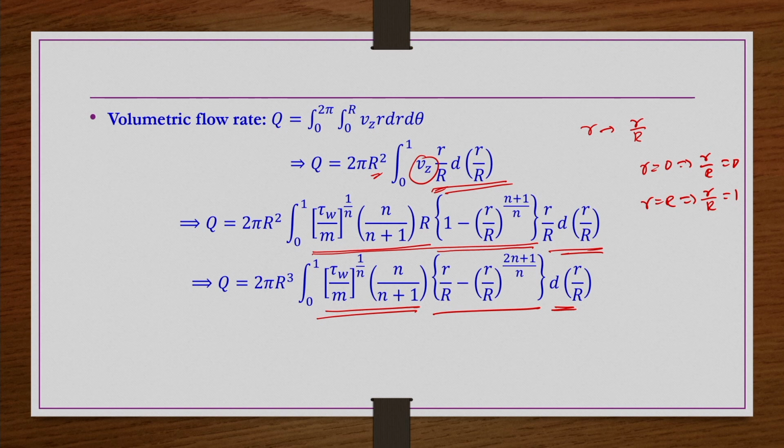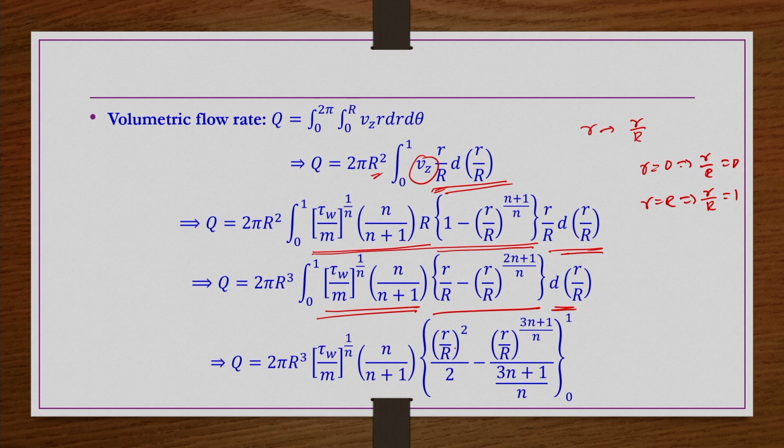So, we have the integration of r by R whole square divided by 2 minus r by R whole power 2n plus 1 by n plus 1, that is 3n plus 1 by n, divided by 3n plus 1, with 0 to 1 as the limits. When you substitute 0 to 1, at r by R equal to 0 both these terms are 0. At the upper limit, substituting 1, you get 1 by 2 minus 1 by 3n plus 1 by n, that is n by 3n plus 1. That is what you get.